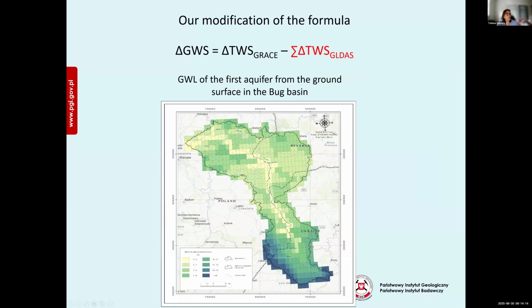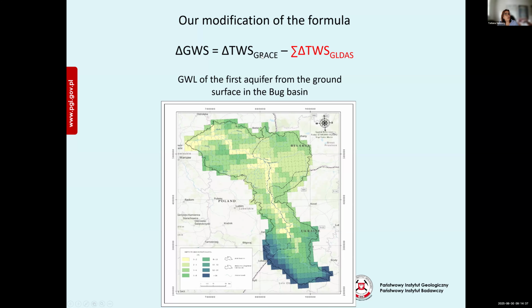In our research, we found that direct subtraction of total water storage GLDAS from total water storage GRACE results in a phase reversal of the simulated groundwater storage compared to the observed groundwater storage.